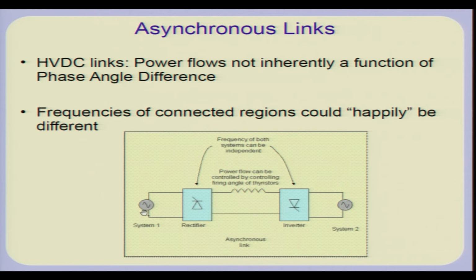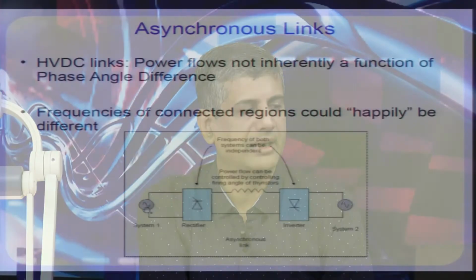So, irrespective of what the frequency or even the phase angle of these two ends is, the DC voltage can be controlled by the firing angle of these converters. And because you can do that, the power flow is not inherently a function of phase angular difference. And if your power flow is not a function of phase angular difference, there is nothing wrong, and very happily the two systems which are connected here can be at different frequencies.